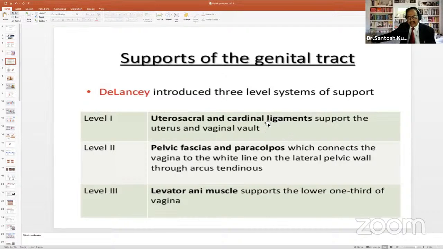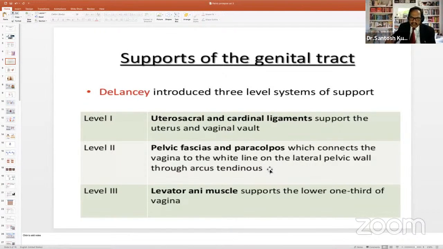That's why this is given the name ligament, that can support any vital things. And pelvic fascia and paracolpium surround all the pelvic viscera and prevent them sinking into the sea.